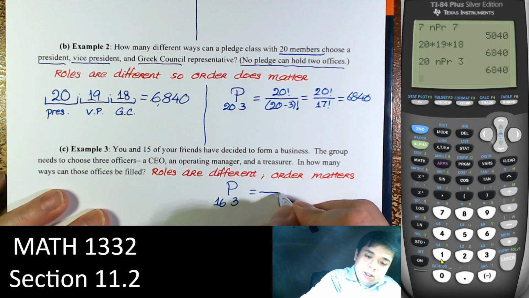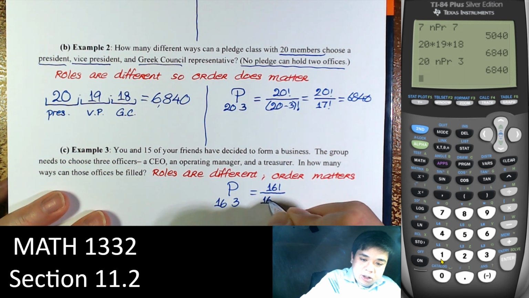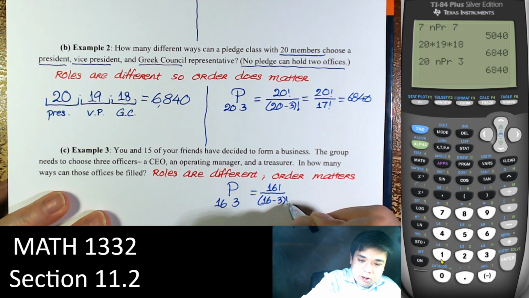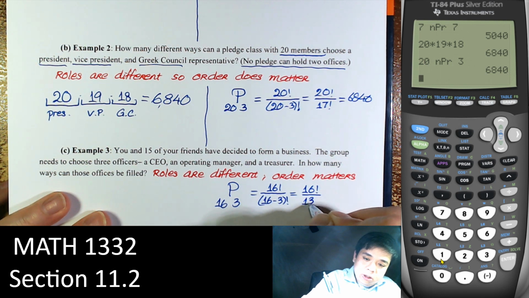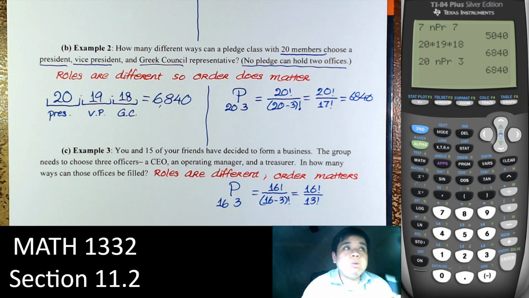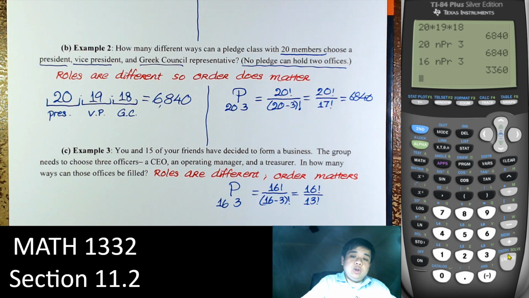So this is 16 factorial over 16 minus 3 factorial. If you do that, just use this. Yeah, 3360.